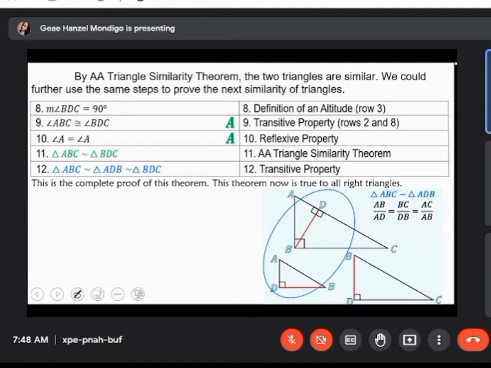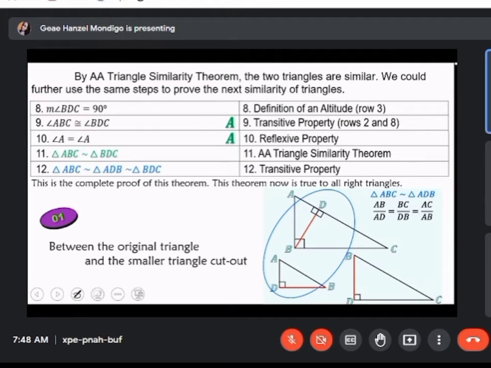So since we have proved now that our triangles are similar, then we could create a proportion, right? The first one, we could create a proportion between the original triangle and the smaller triangle cutout.